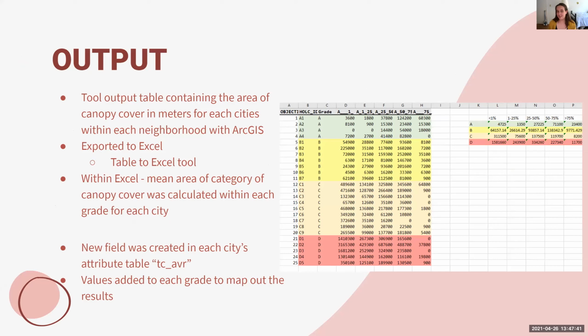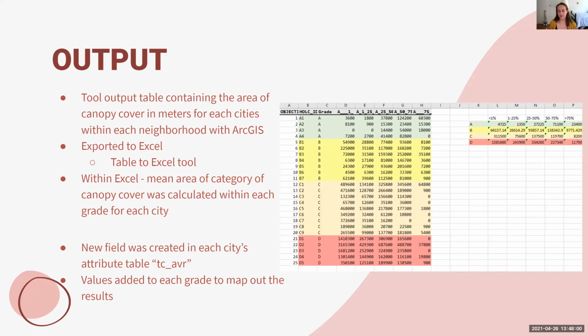So I exported this to Excel using the Table to Excel tool. I did this just because it was easier for me to look at and analyze by color coding everything. And I was also able to calculate the mean area of category of the canopy cover within each grade for the city.